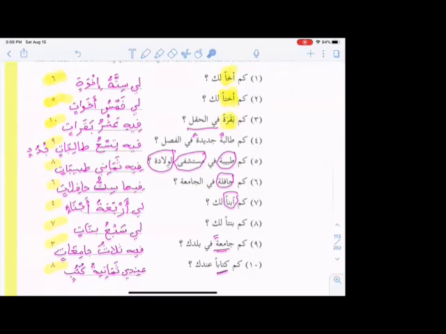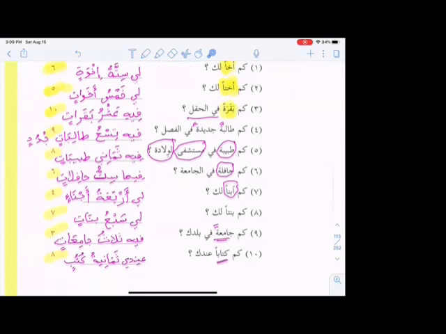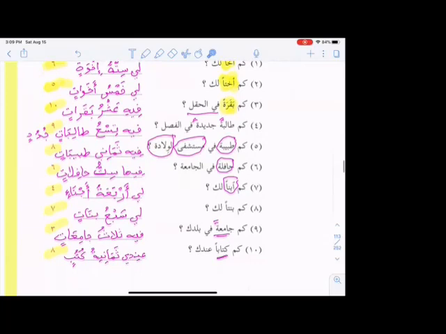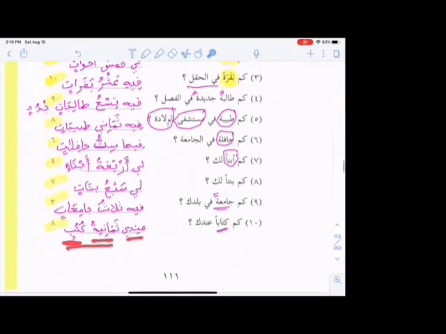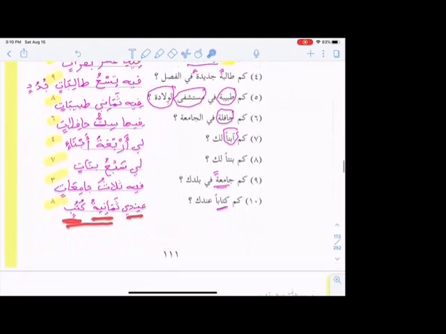How many universities are in your country? Fihi salasu jamiatin. There are 3 universities. Kam kitaban indaka. Hindi, kitaban is muzakkar. So this is now samaniyatu kutubin. I have 8 books.